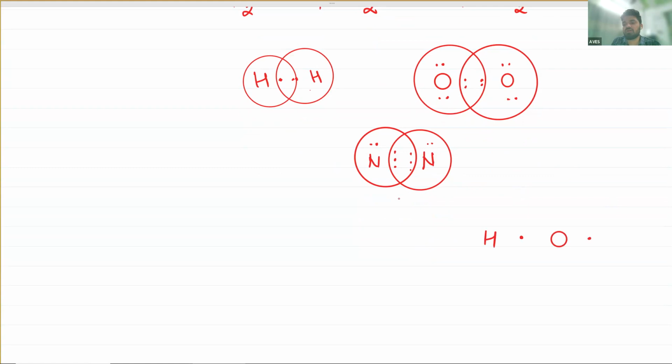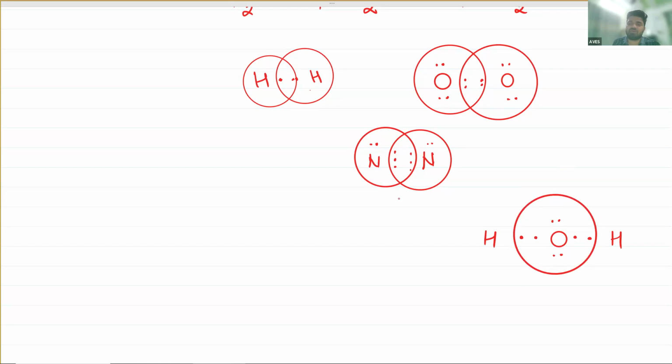Oxygen wants to have 8 and hydrogen wants to have 2. So oxygen will share 1 electron with one hydrogen and 1 electron with the other hydrogen. Now for some time, this oxygen is going to have 8 electrons.